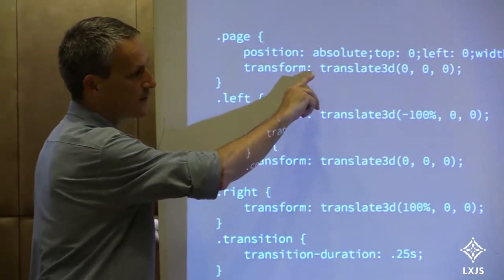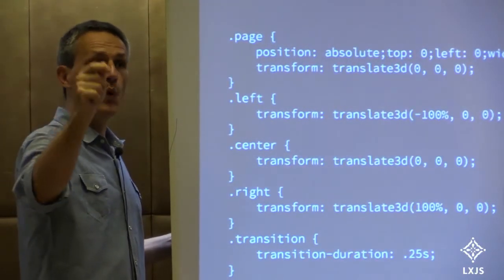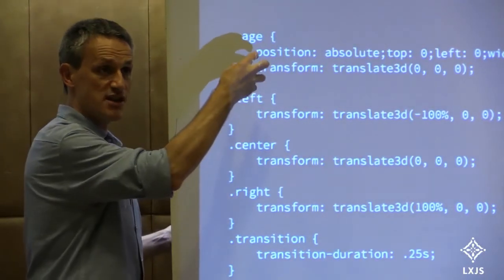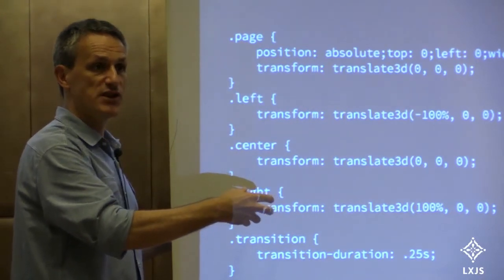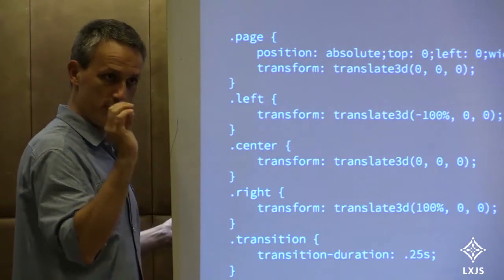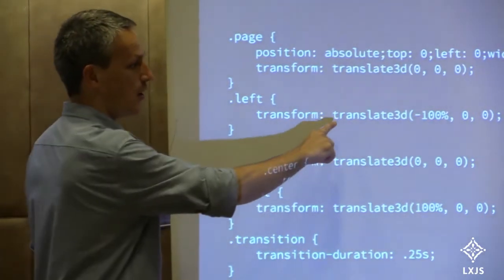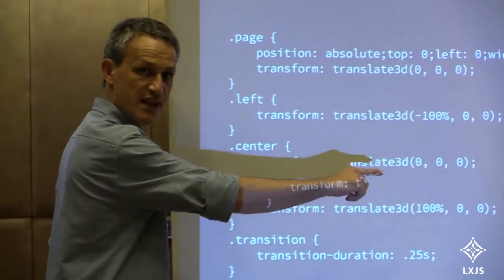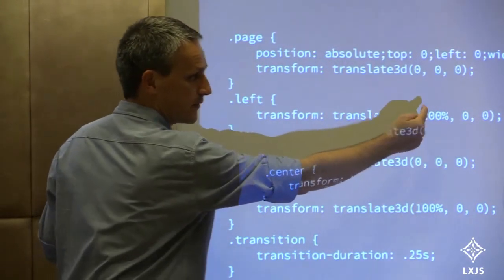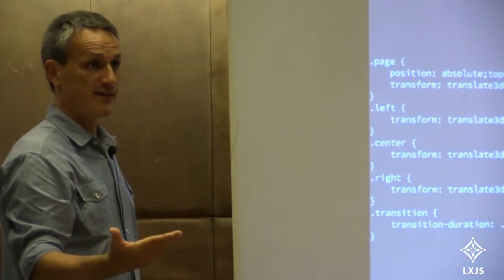By using transform and translate3d, you signal that you want hardware acceleration. This is going to be done on the GPU. So the bottom line is, don't change the value with a straight pixel value or even percentage. Always do a translate3d of one of these values, X, Y, or Z. As simple as that. That's going to give you hardware acceleration.